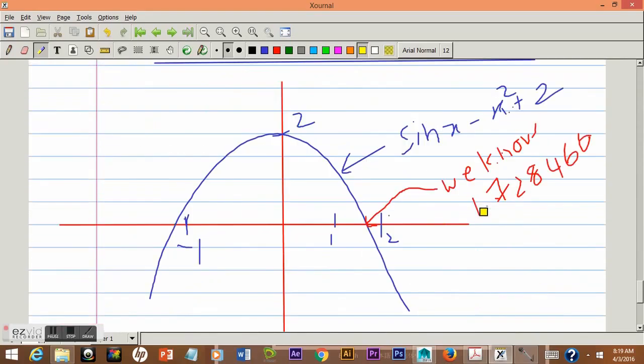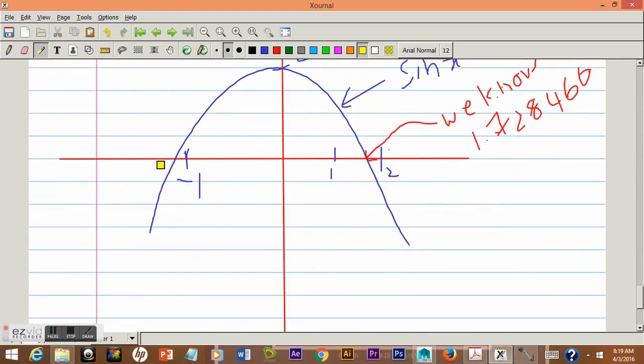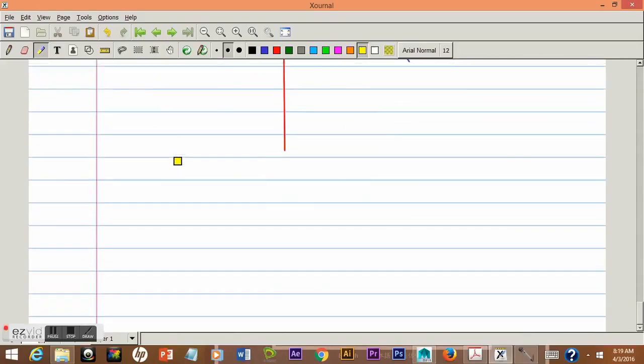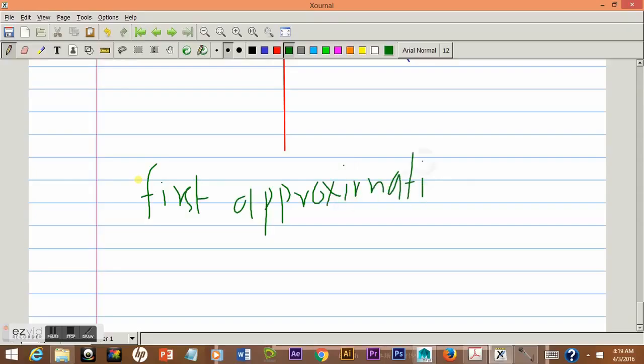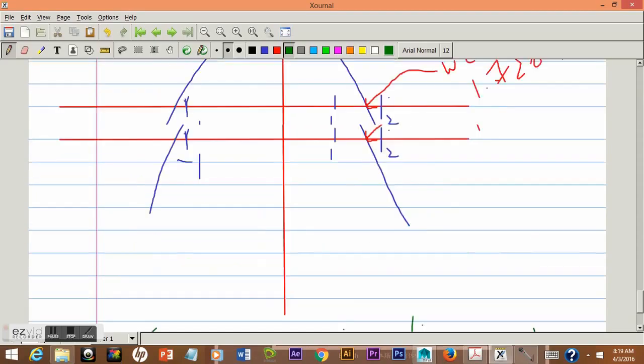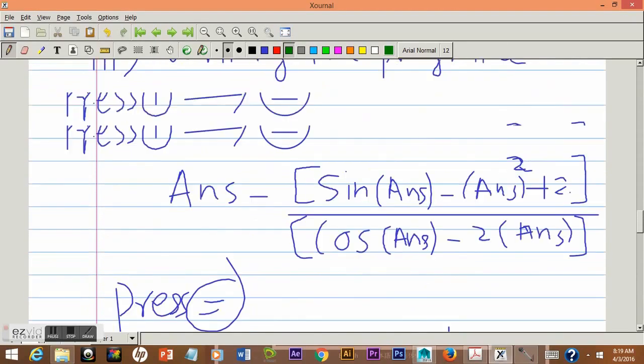So you use your first approximation as -1, and you can get the root of this value. Repeat this step again.